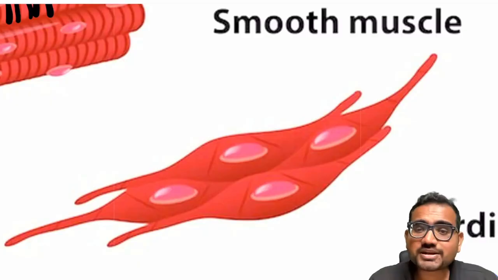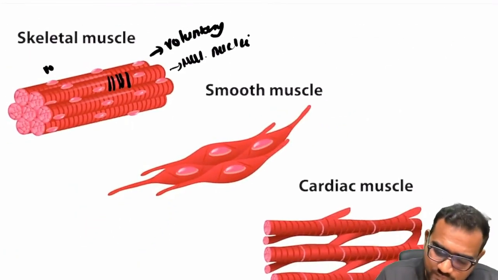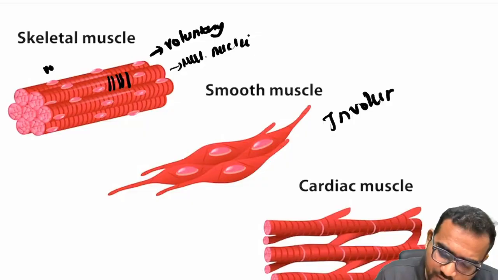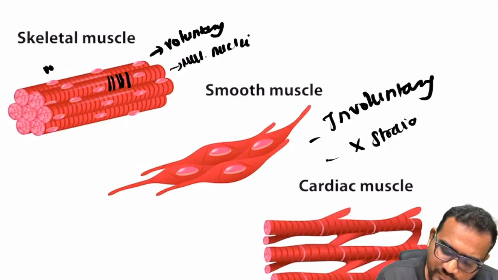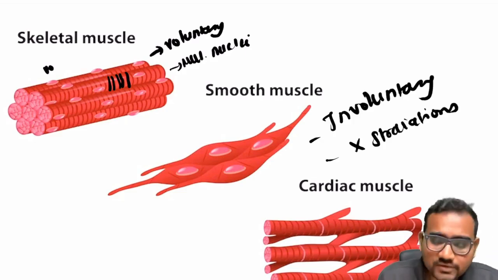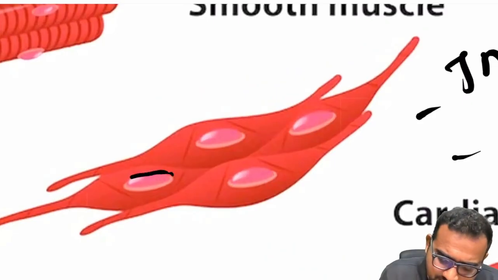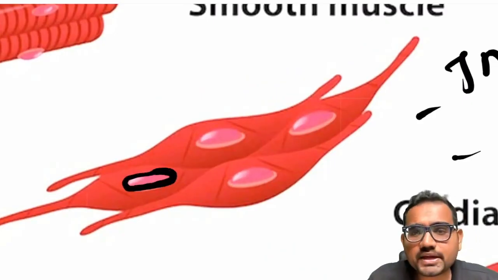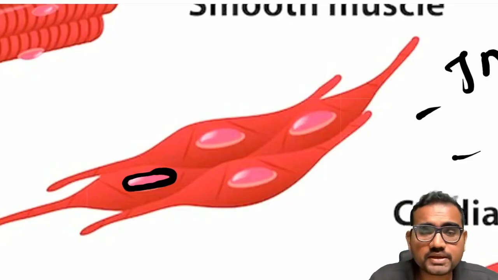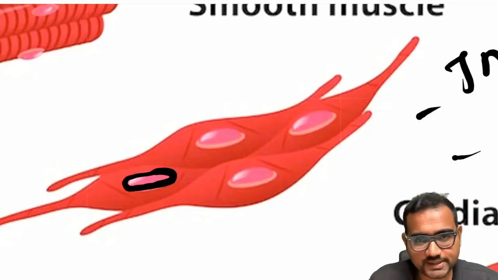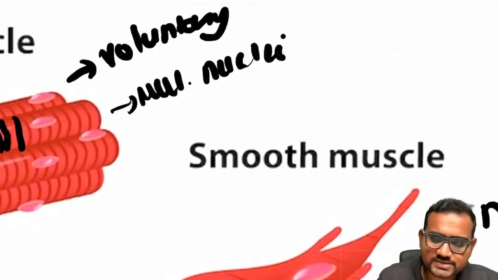So smooth muscle is completely involuntary and it will not have striations, and it will have one large single centrally present nucleus. So it is completely involuntary, whereas skeletal muscle is voluntary.